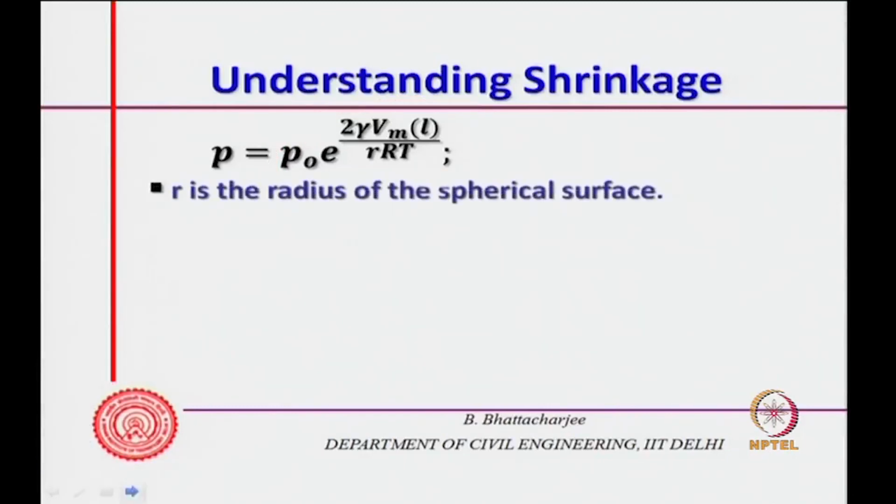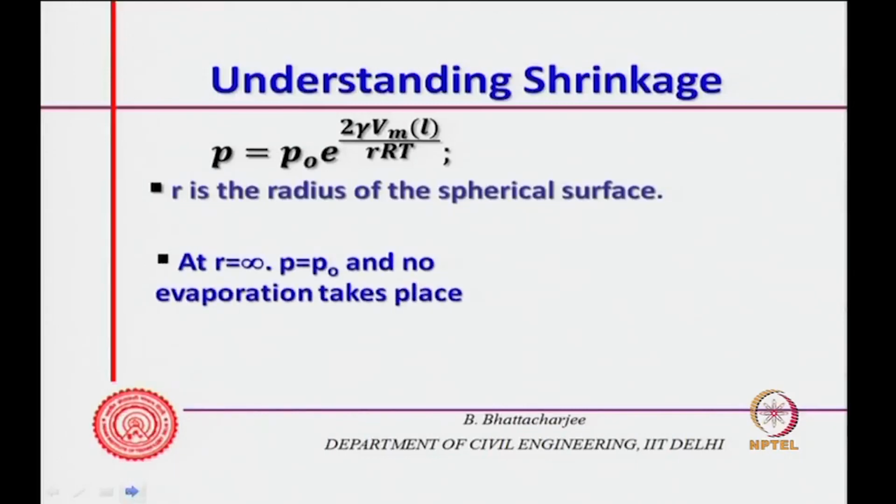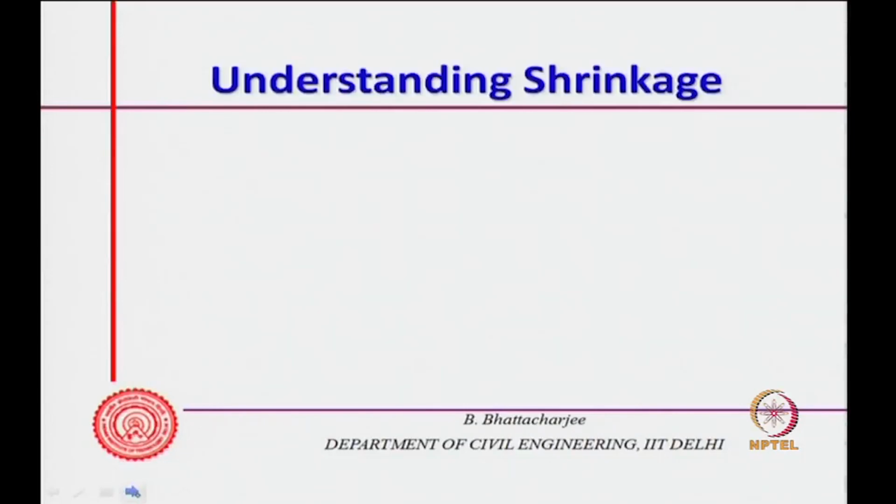Here r is the radius of the spherical surface, and at r equals infinity, P equals P0. That means for a flat surface, P is equal to P0, and under such a situation no evaporation will take place. To start with, r is equal to infinity, and no evaporation is taking place.